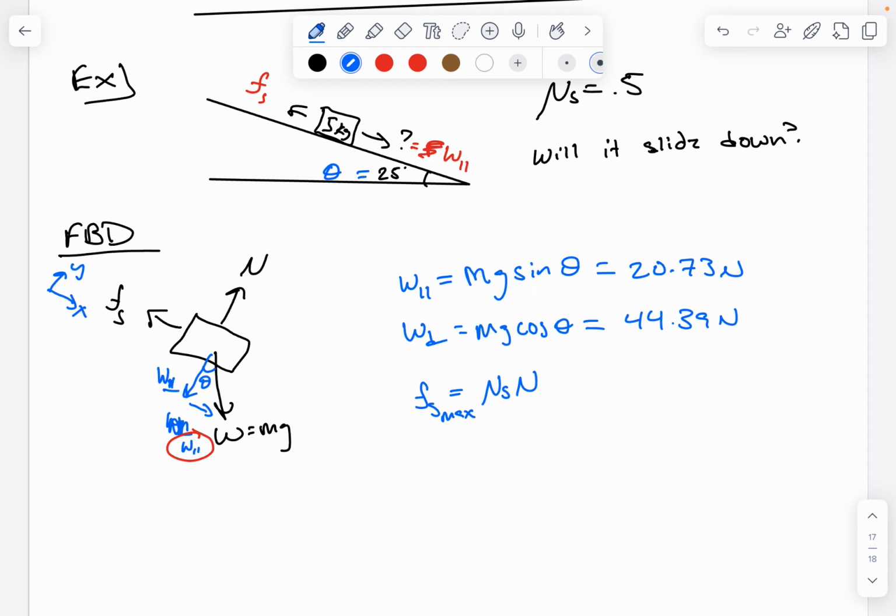So then I can get that normal force is equal to weight perpendicular because there is no acceleration. And this is from Newton's second law in the y direction.